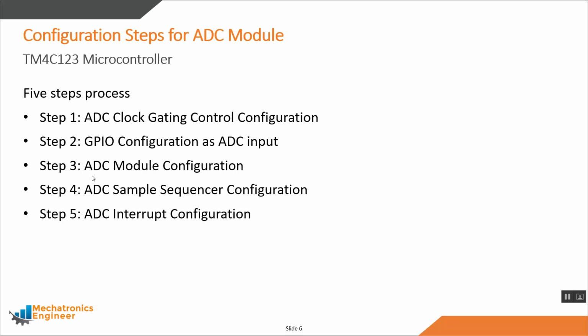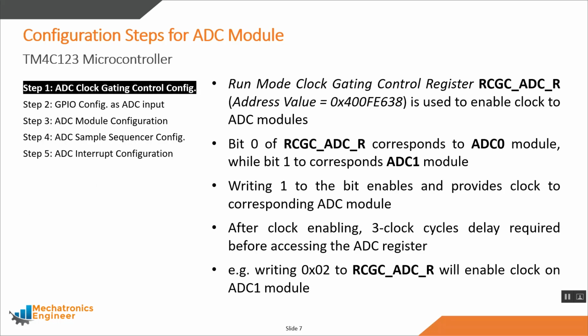In step 3, we will perform some configuration related to the ADC module. In step 4, we'll discuss the configurations related to the sample sequencer. In step 5, we will discuss ADC interrupt configuration, which will only be required if we enable that setting in step 4. Let's start these configuration steps by discussing step 1.